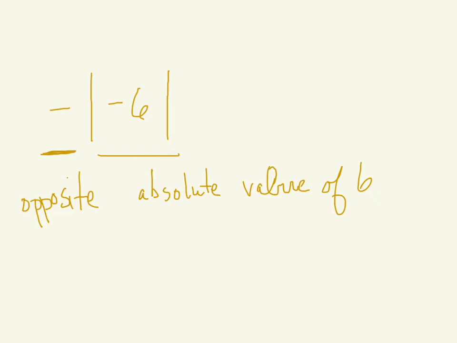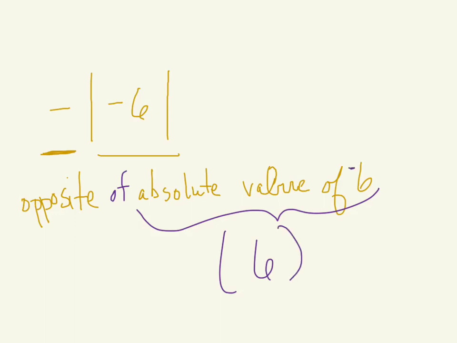So what this actually means is the opposite of the absolute value of 6. You got to first define what's the absolute value of -6. The absolute value of -6 is 6. Now we want to know what the opposite of that is. Well, the opposite of 6 is -6.